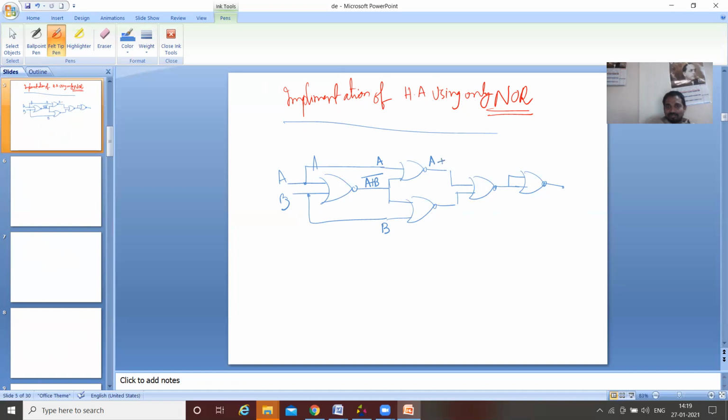A plus (A plus B) whole bar, and again bar. Here the output of this gate is B plus (A plus B) whole bar, and again bar. And at this place, this is (A plus (A plus B) bar) bar plus (B plus (A plus B) bar) bar, and again bar here.